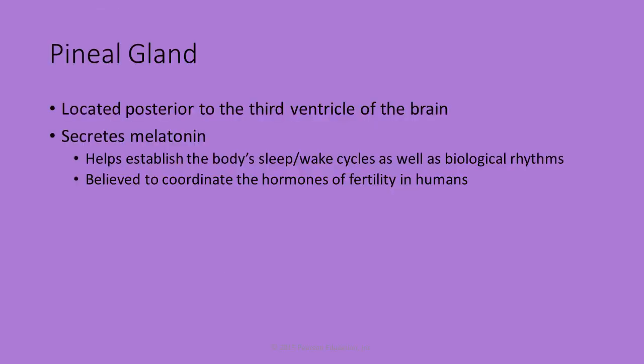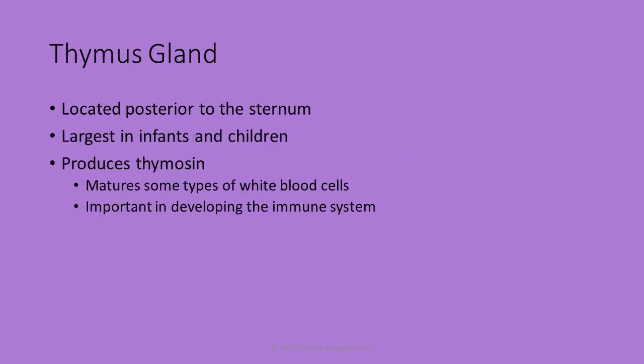The pineal gland is located in the brain. It's behind the third ventricle of the brain. It secretes melatonin. Melatonin is involved with helping to maintain your proper sleep-wake cycles. It's also now believed to have an involvement with hormones that are involved with fertility.